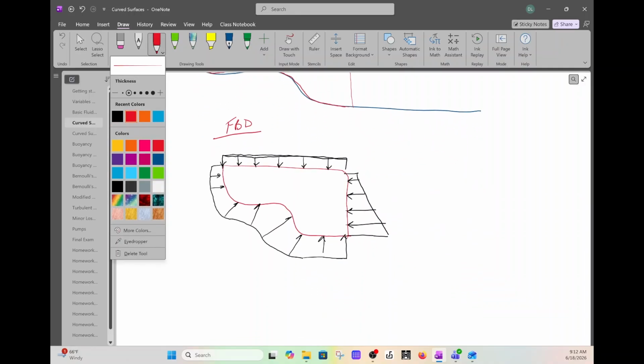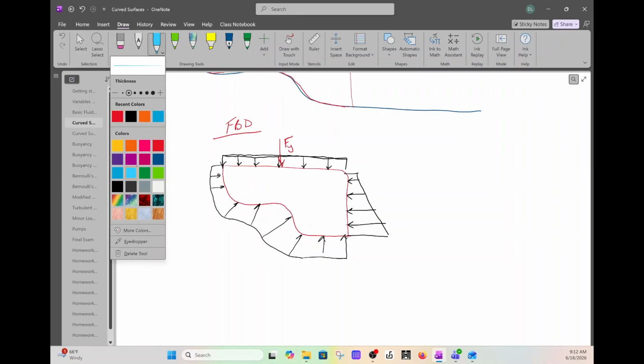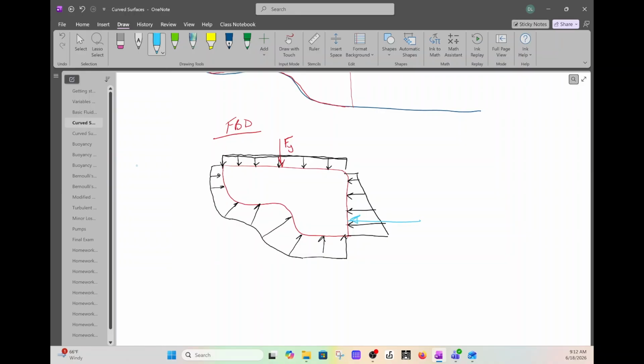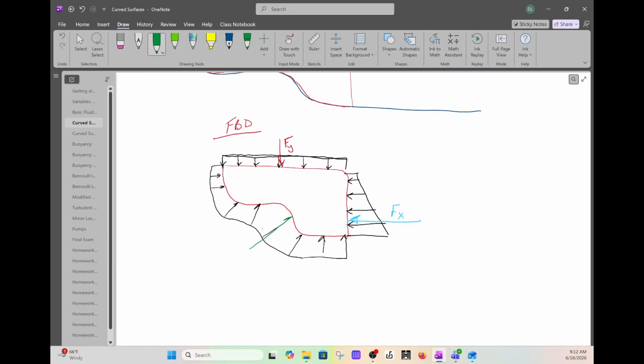So this is what we'll call Fy, acting down. We'll call this one Fx. And then over here, somewhere, this is FR, and we can split this up into FH and FV.